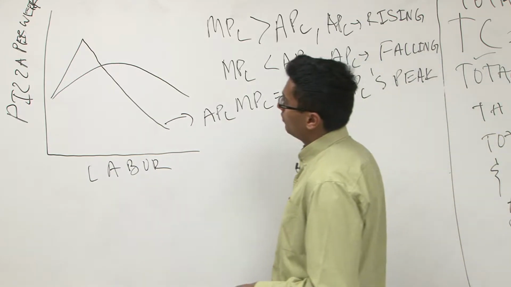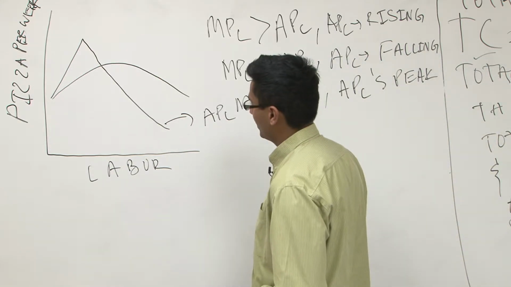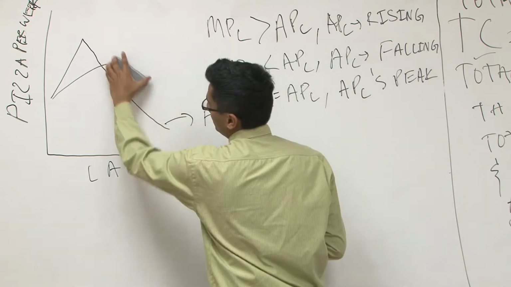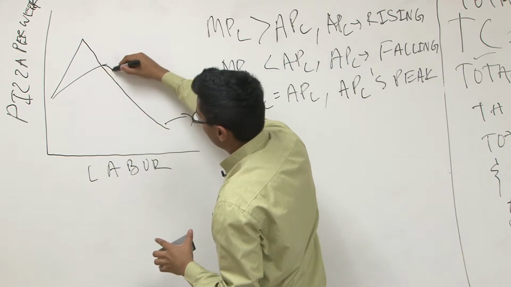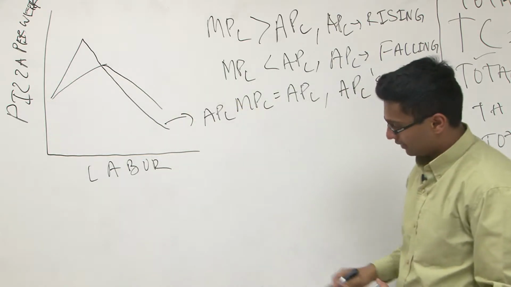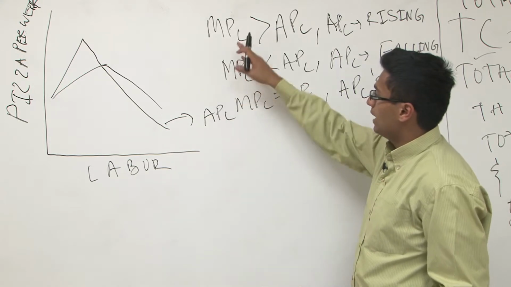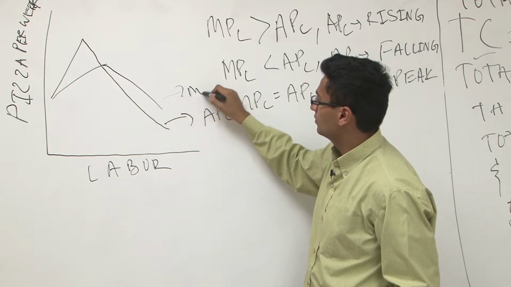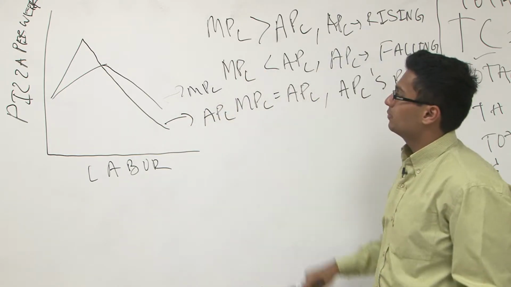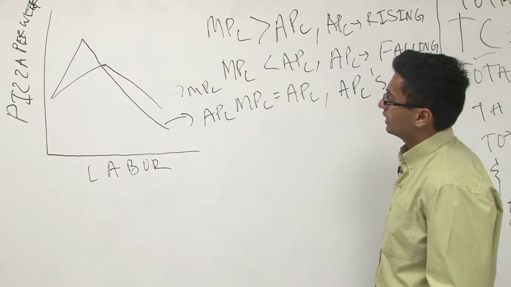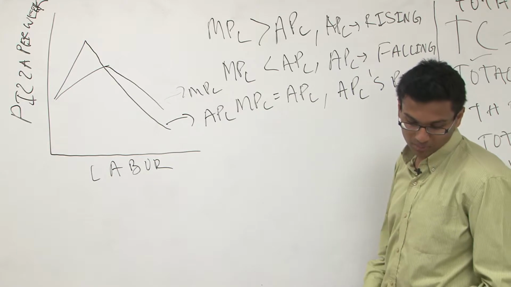Now, the point is that it was supposed to be the peak. Okay, guys, that was supposed to be the peak. I can change the graph a little bit so that you guys can understand that that's the peak of it. Okay, but the point is that we said, well, MPL, and this is MPL, right? MPL is greater than APL, it's rising.